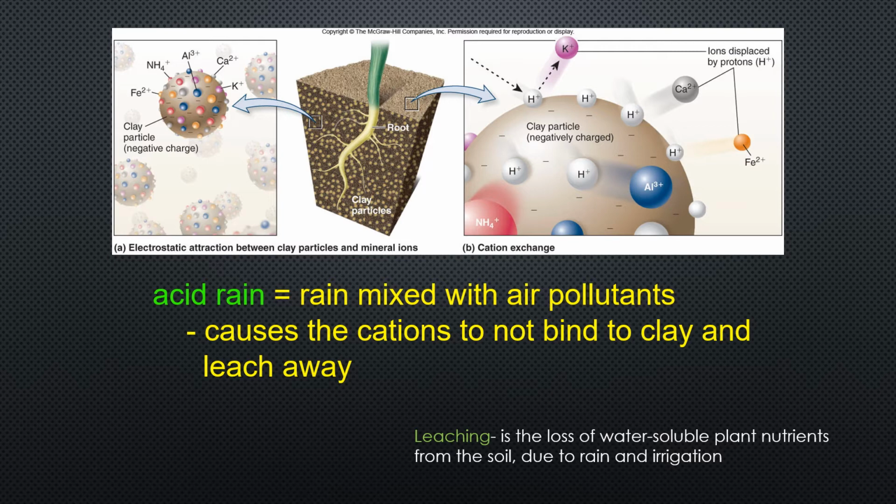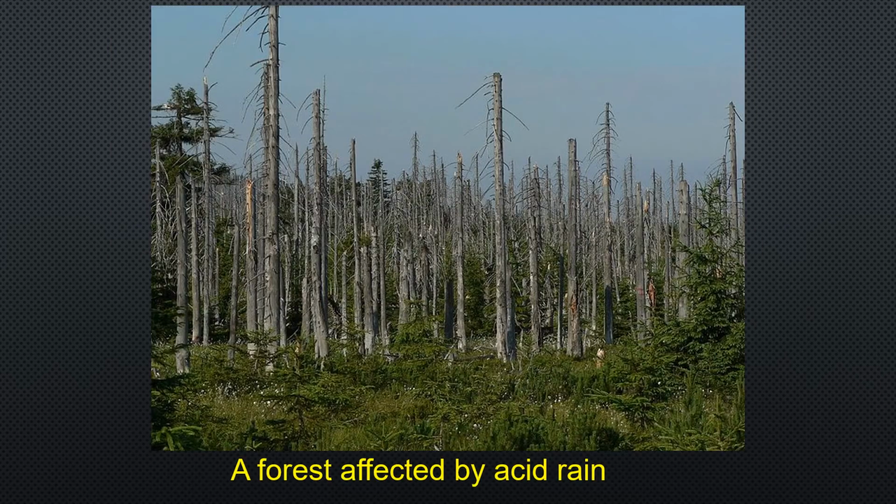Rainwater, on the other hand, still tends to pick up some of those minerals and bring them into the soil. So that's just something for you to keep in mind. So this is just an example of what a forest looks like when it's affected by acid rain and it doesn't have those minerals available.